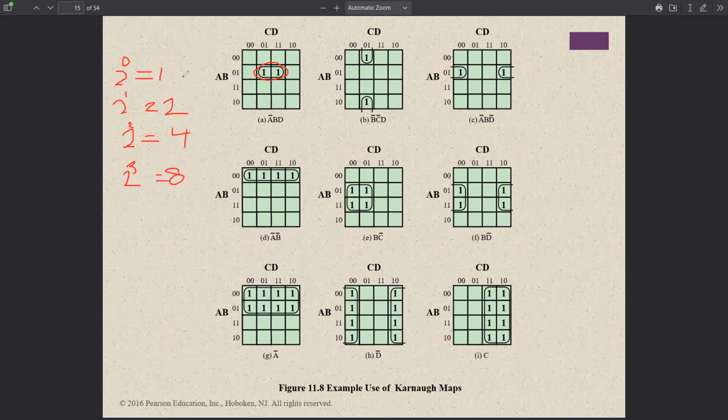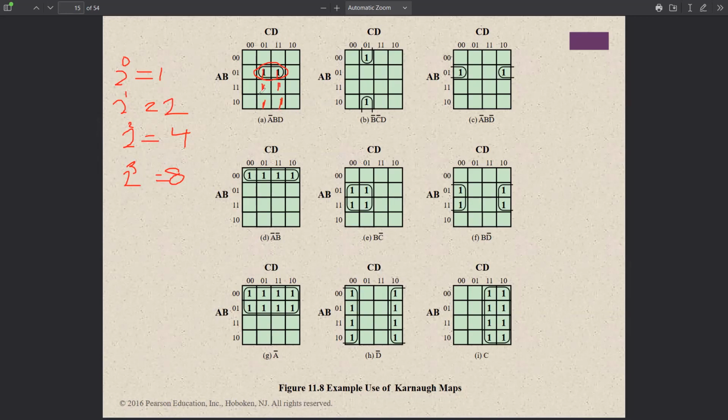Likewise, if there are three ones near, that means, let's consider six actually. So let's consider there are six cells that have one. Here also true, here also true, and here also true, right?